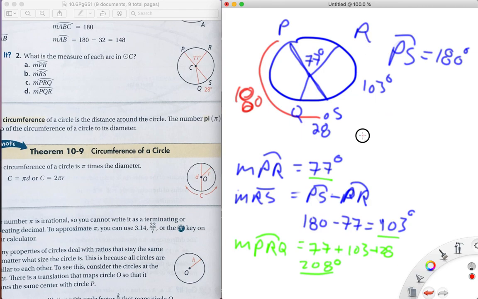So the measure of PQR is equal to 180 plus 103, which is 283 degrees.